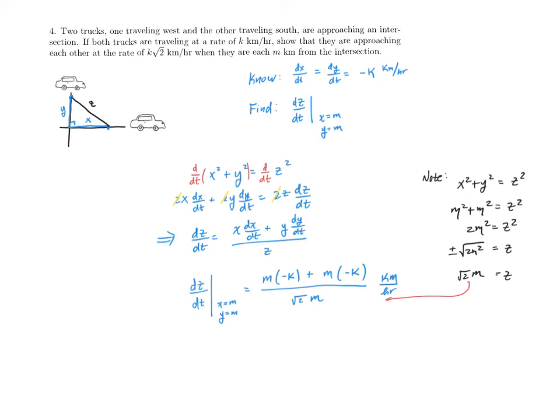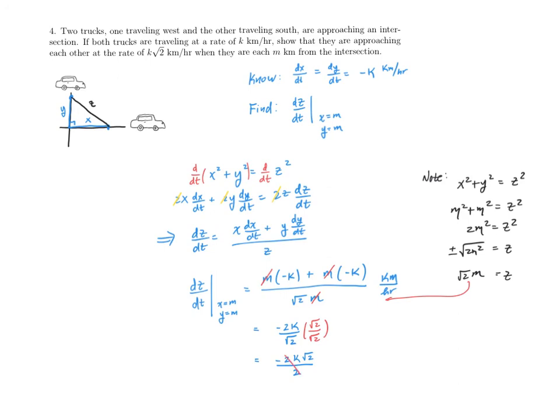Each and every term involves an m, so those all cancel. In the top, we have minus 2k square root of 2. And if for fun we multiply by 1, in this case root 2 over root 2, what we'll be left with is a minus 2k root 2 over 2.